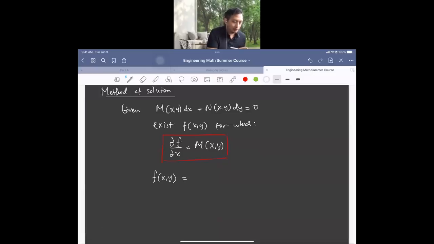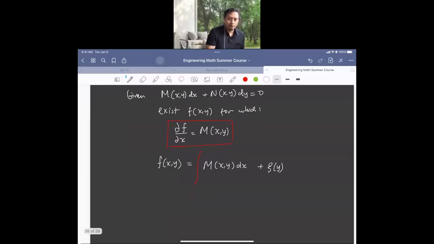So we can find the f by integrating the whole thing here for the M, so M(x,y) dx. Now, of course, when we integrate this, it will result in giving you the constant, since this integration is for the partial. It gives you a constant that I previously mentioned, which is a function of y.